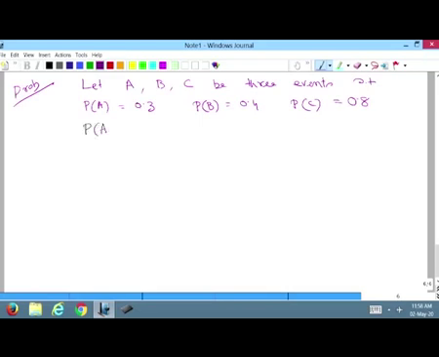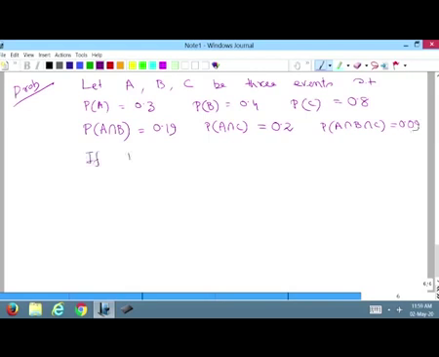Probability of A intersection B is equal to 0.19, probability A intersection C is equal to 0.2, and probability A intersection B intersection C is equal to 0.09.